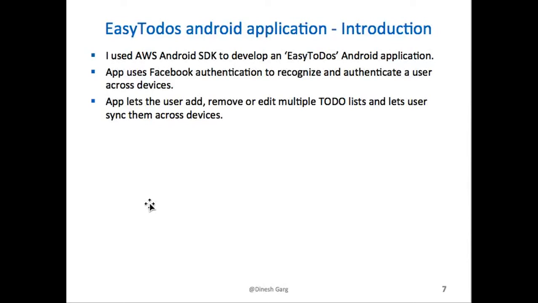It uses Facebook authentication to authenticate the users, and basically the application lets the users add, remove, or edit multiple to-dos and to-do lists, and the user gets one significant capability, which is to be able to sync all those to-dos to the multiple devices the same user uses.